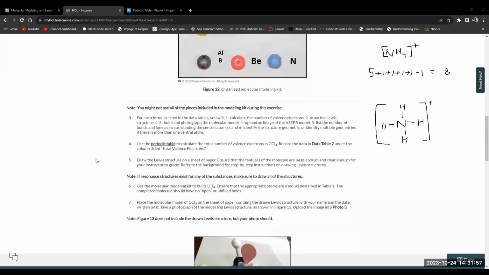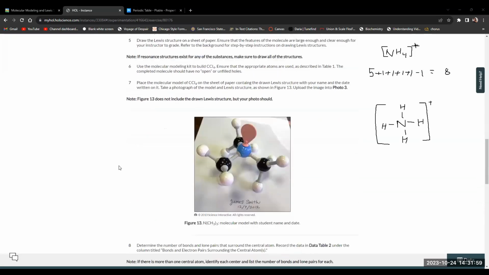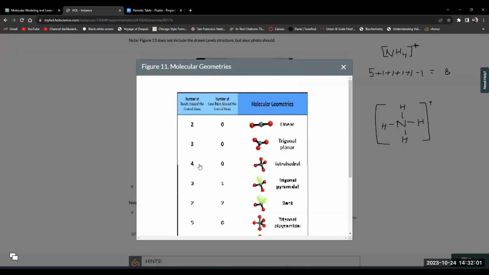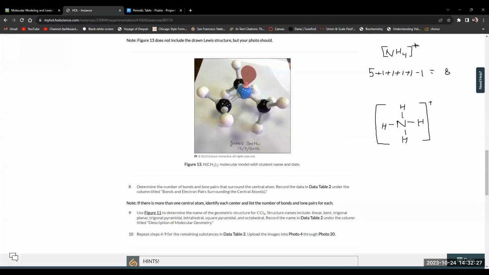So next order of business. Which structure is this? It's a tetrahedral. The nitrogen is the only central atom in this case, so tetrahedral is the molecular geometry.